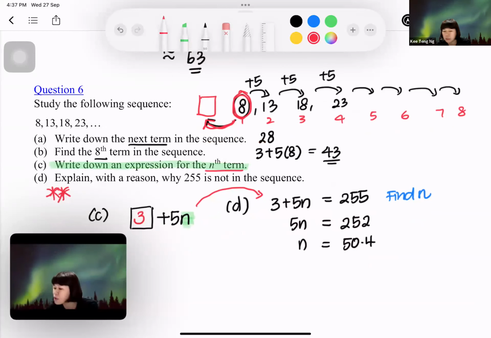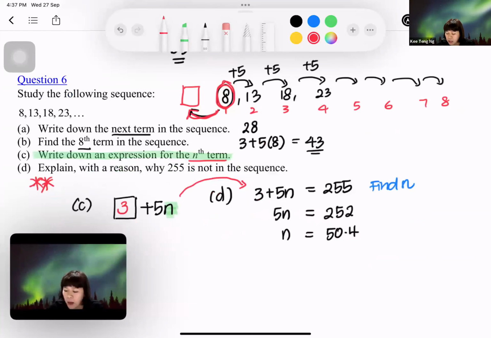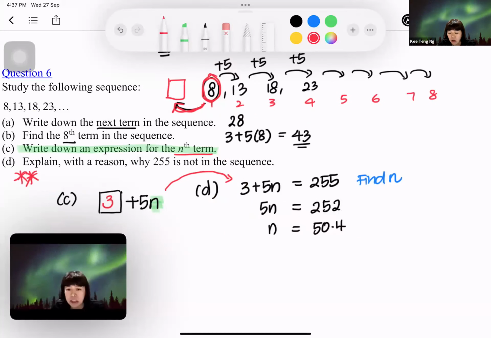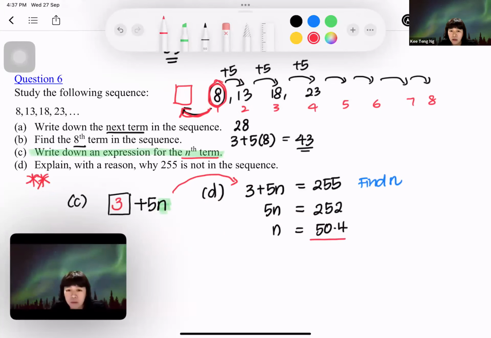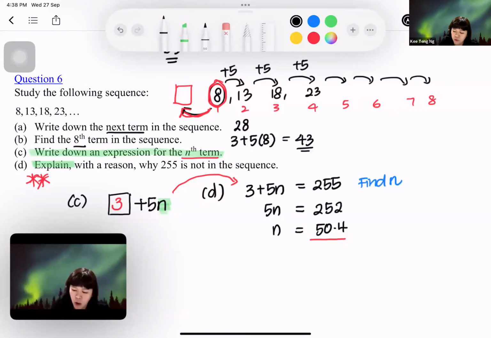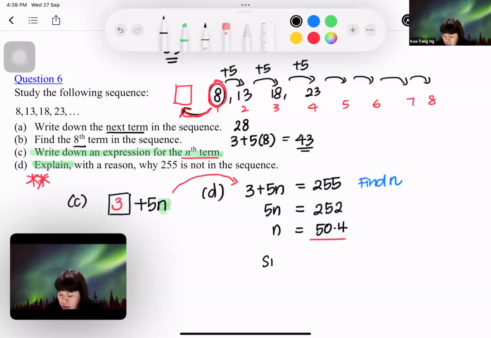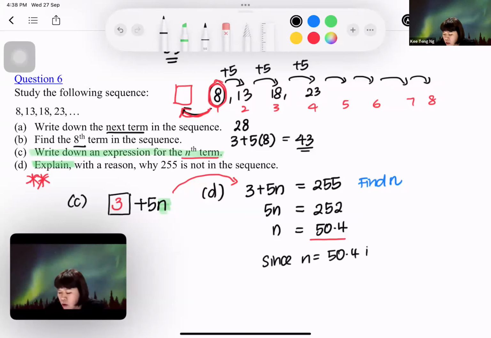So then Alvina asking. Okay, but let's come back here. So in this case, I cannot have a term. Okay, usually a term is like first term, second term. Yes, so Xavier said it because it's not an integer, but I must explain with a reason. So I must write: since n equals 50.4 is not an integer.